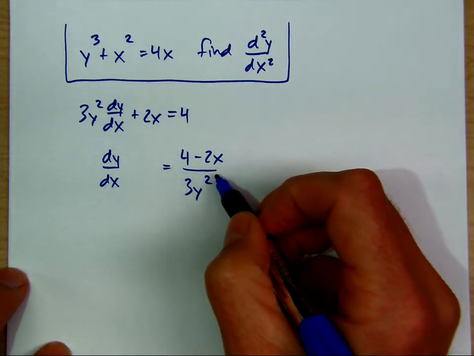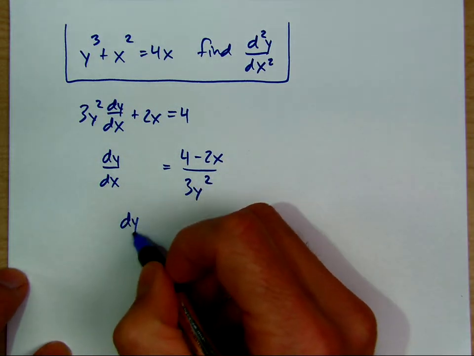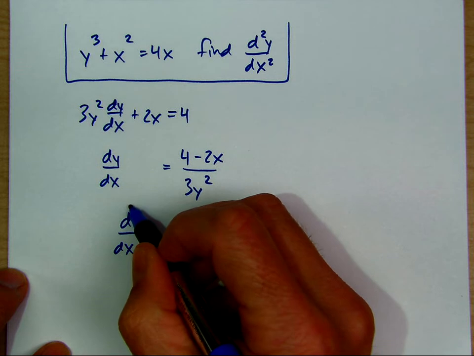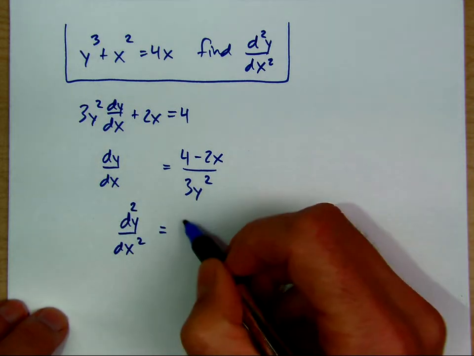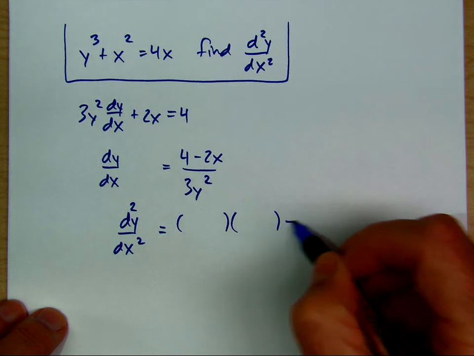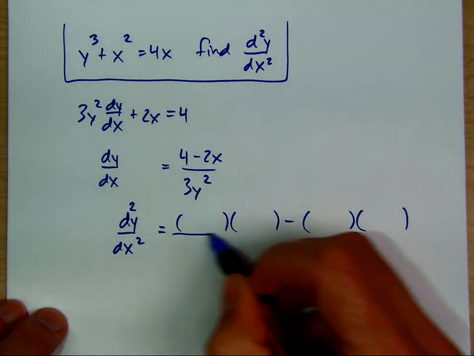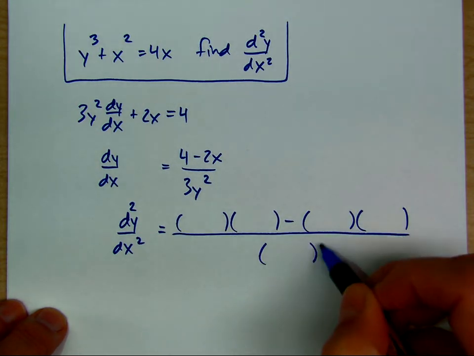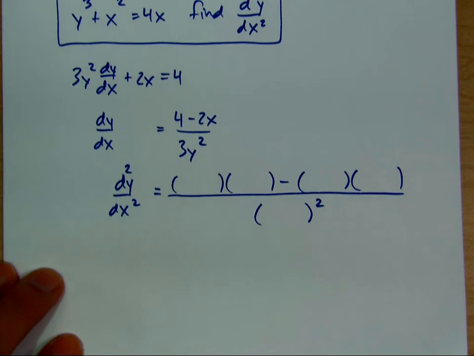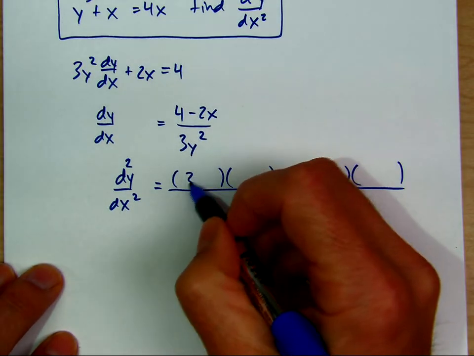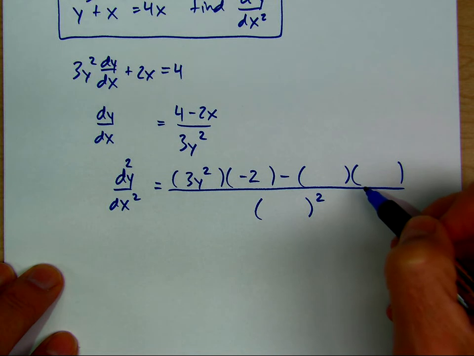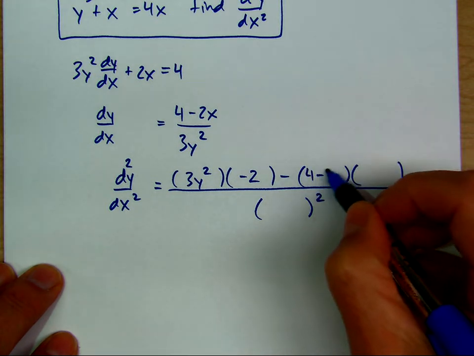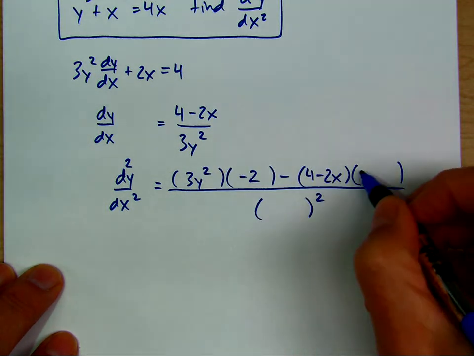It's a quotient, so we need the quotient rule. And we have the denominator times the derivative of the numerator. The numerator times the derivative of the denominator.